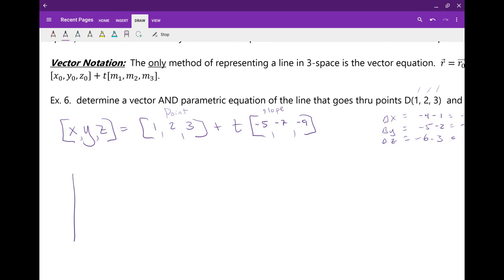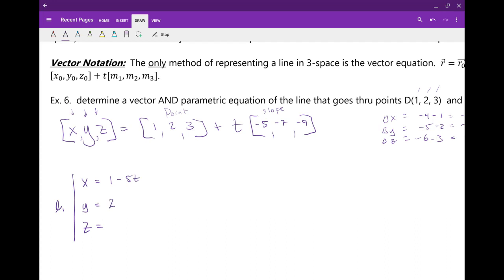Now, if I want to write it in parametric form, remember, in parametric form you just define each of the coordinates, the x, the y, and the z coordinate, individually. So my x coordinate is 1 minus 5t.